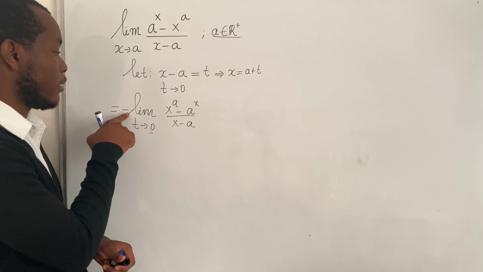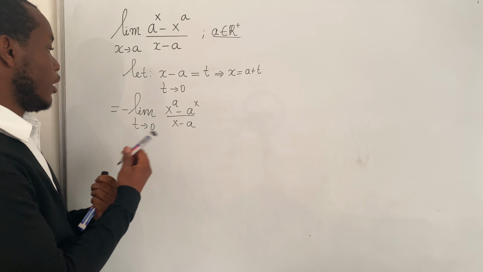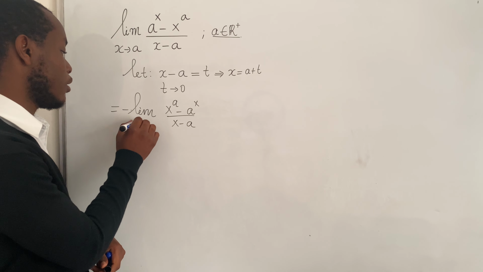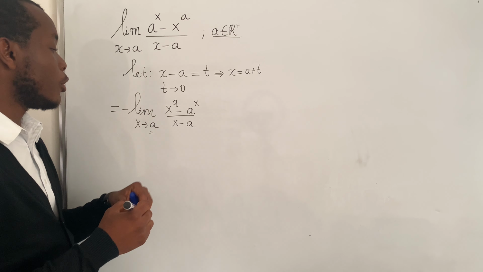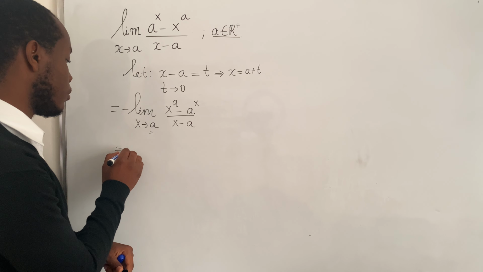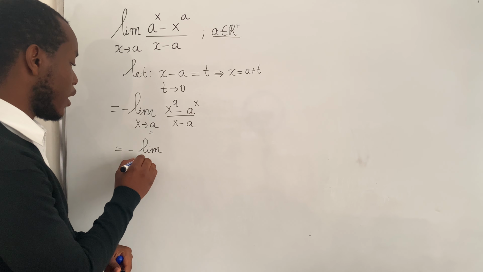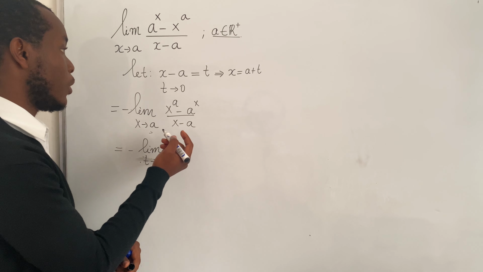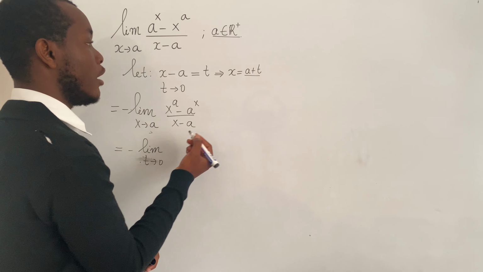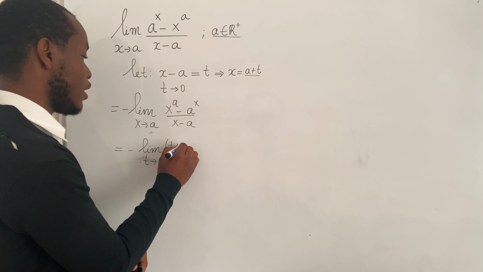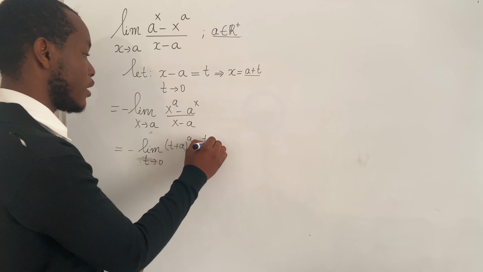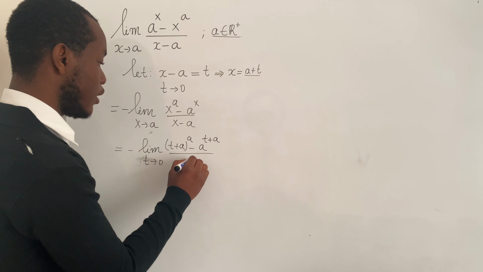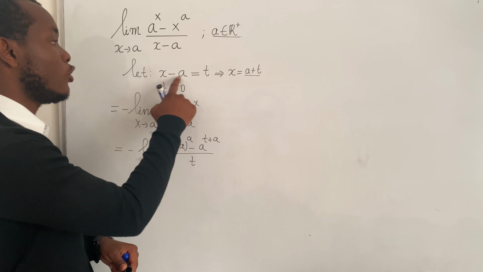Now substituting the new variable t, this will be equal to minus the limit when t approaches 0, where there is x we replace by t plus a: (t + a)^a minus a^(t+a), over t, because we let x minus a be t.